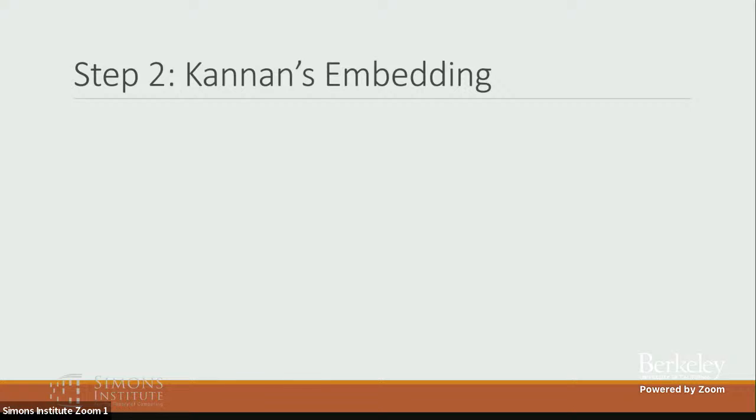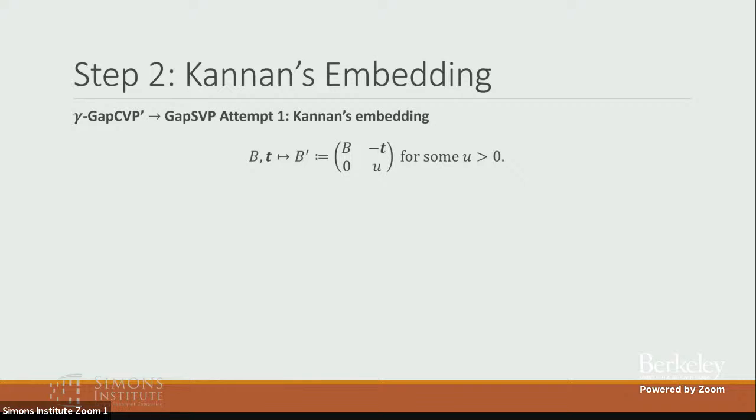Okay, so step 2 is Kannan's embedding. So basically, what's maybe the first thing you'd think of when trying to reduce CVP to SVP? It's basically this. We just pretend that the target vector is another basis vector.